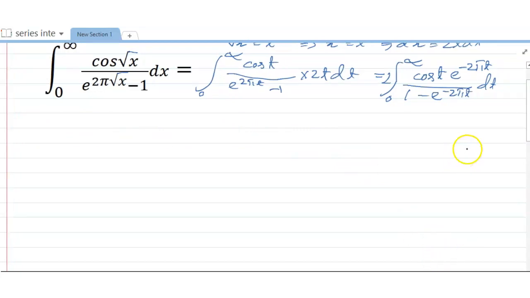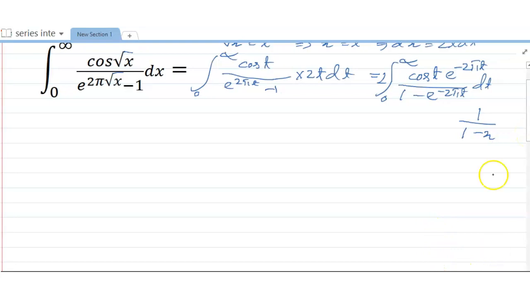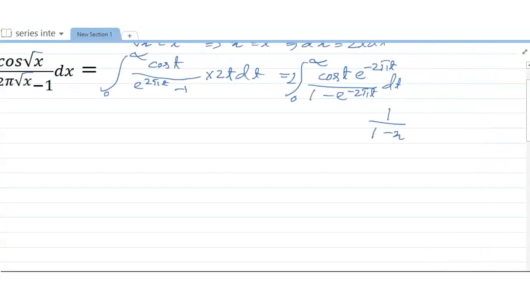One formula: 1 by 1 minus x equals summation k equals 0 to infinity x to the power k. So friends, I apply this formula.